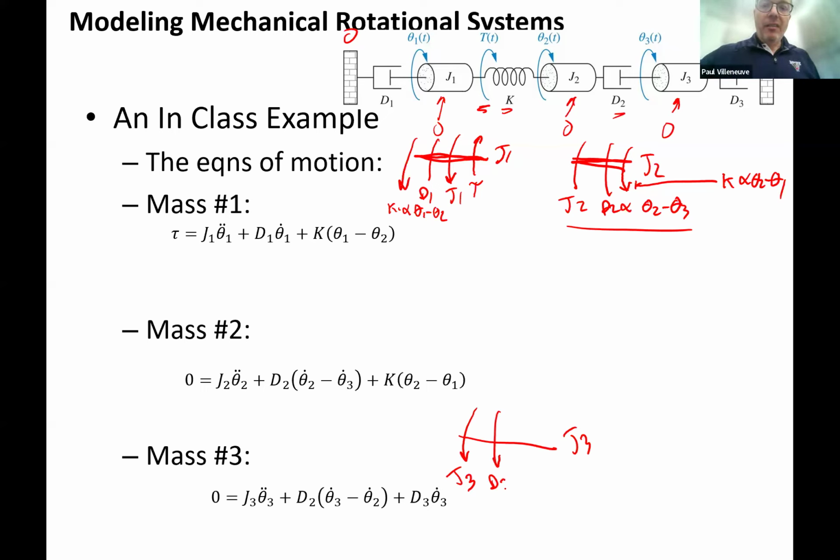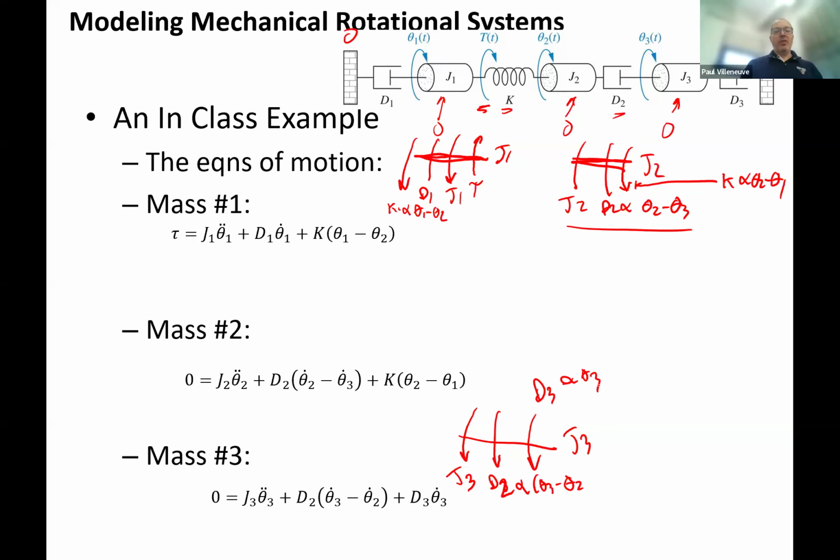So here's D2, which is proportional to theta 3 minus theta 2. And then my last one, which is D3, and I'll just put it up here. It's just going to be theta 3 because one part of the disk is relative to 0. So that's just going to be proportional to theta 3. And those are my three masses.